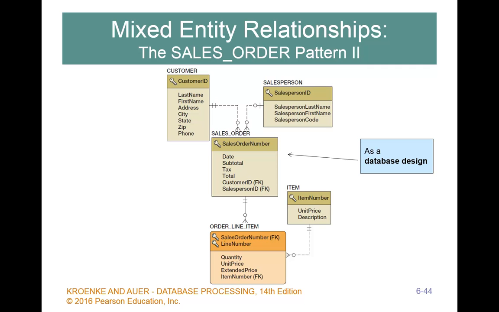But in all other relationships that we've created, we're taking the primary key of the one side and placing it as a foreign key on the many side: customer ID on the one side as a foreign key here, and the sales ID on the one side and to the many side as a foreign key here. So essentially we've created mixed relationships with all of our entities in this particular pattern.